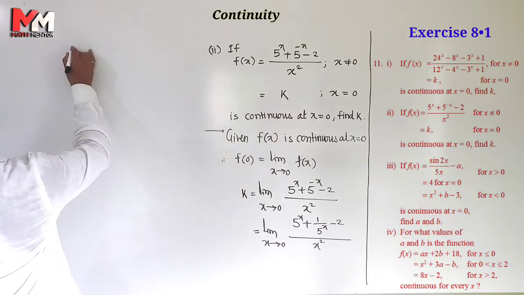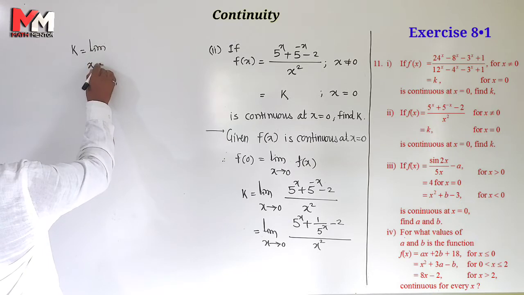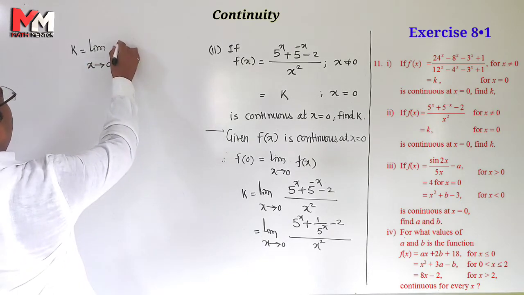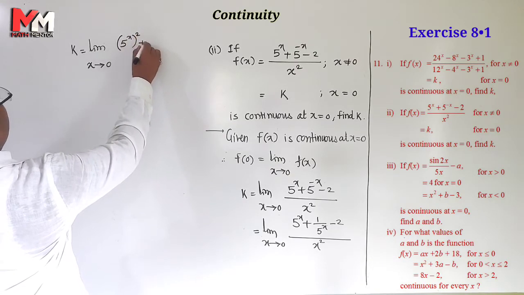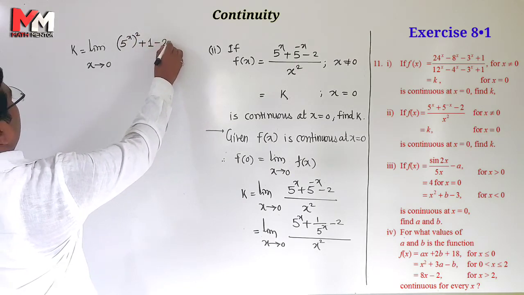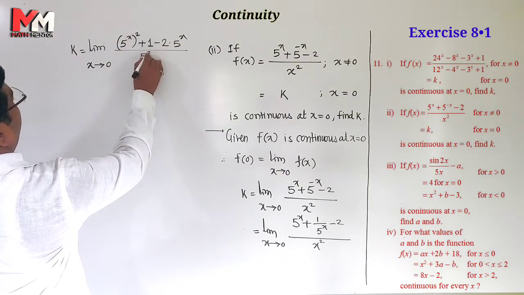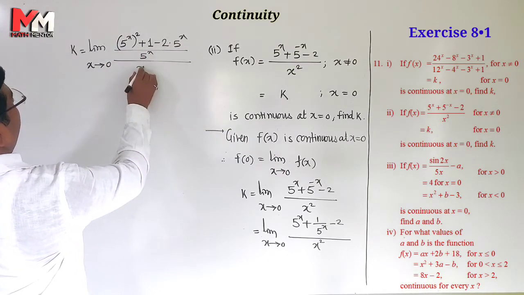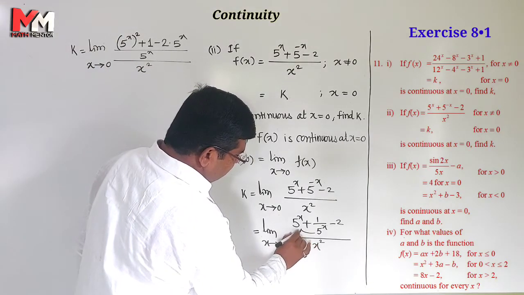This is equal to, on the left hand side, k is equal to limit x tends to 0. Cross multiply: 5 raised to x into 5 raised to x whole square plus 1 minus 2 times 5 raised to x, divided by 5 raised to x, whole divided by x square. So this is a simple cross multiplication like this.